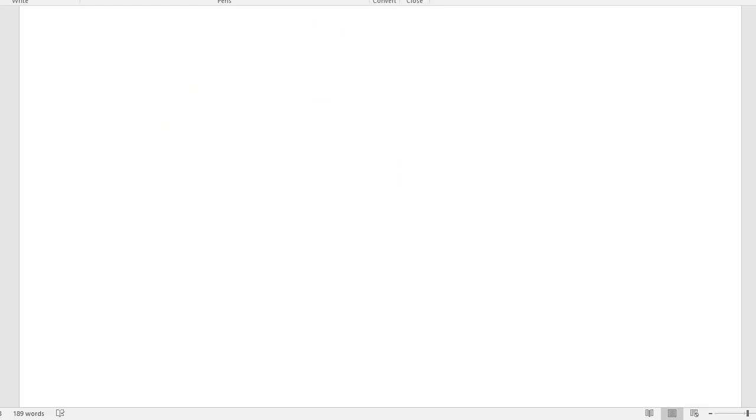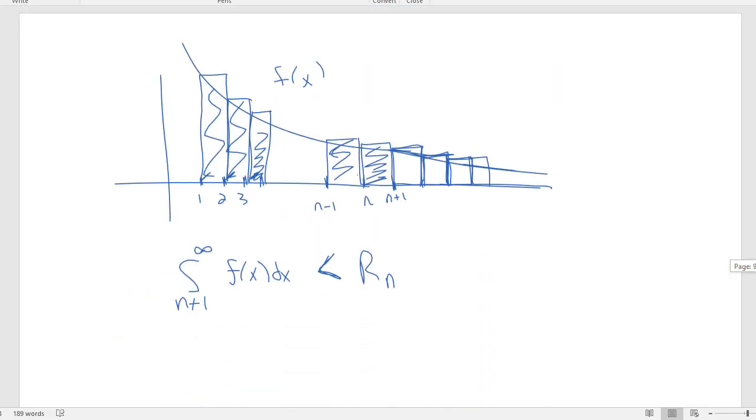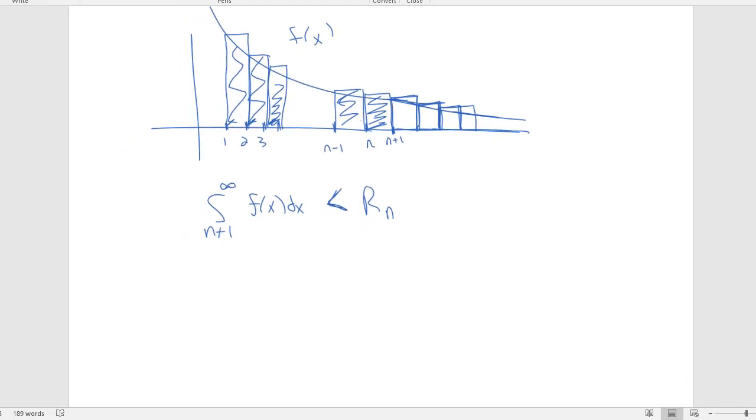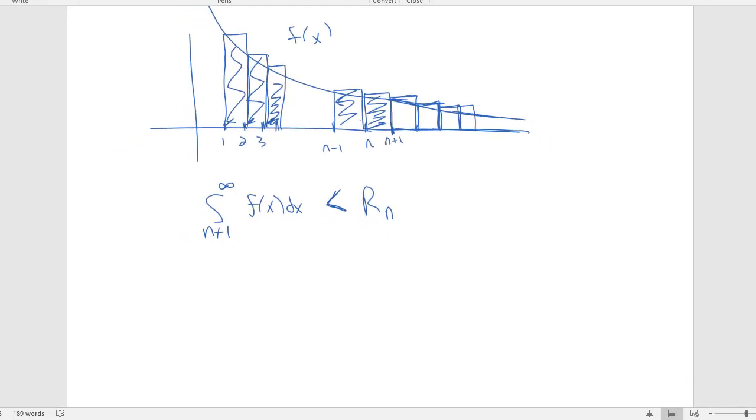Now I can find the other bound by drawing the picture the other way. Let me zoom out a second and squeeze all of this in the same picture. If I take the same kind of approach, here's some continuous function f of x.